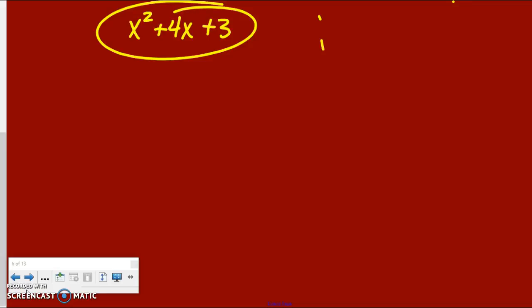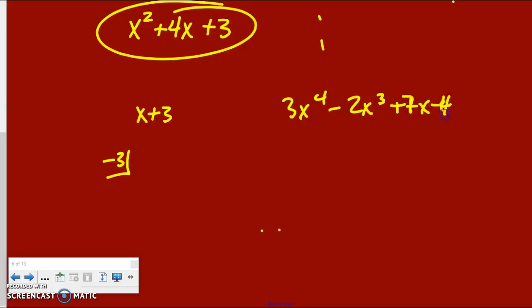If you look at this one, what we originally had was x plus 3. So if x plus 3 is what we're dividing by, that means I'm going to have a negative 3 in the box. And then I was dividing 3x to the 4th minus 2x cubed plus 7x minus 4. Well, leading coefficient goes here, followed by the negative 2.